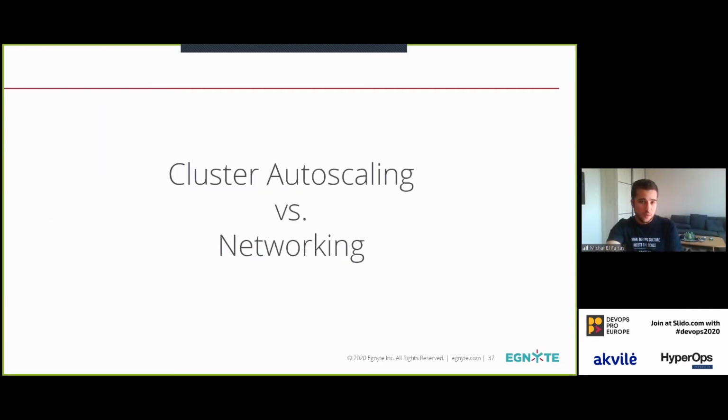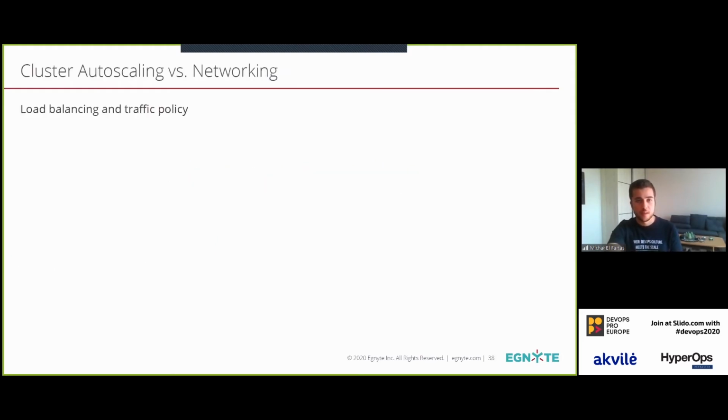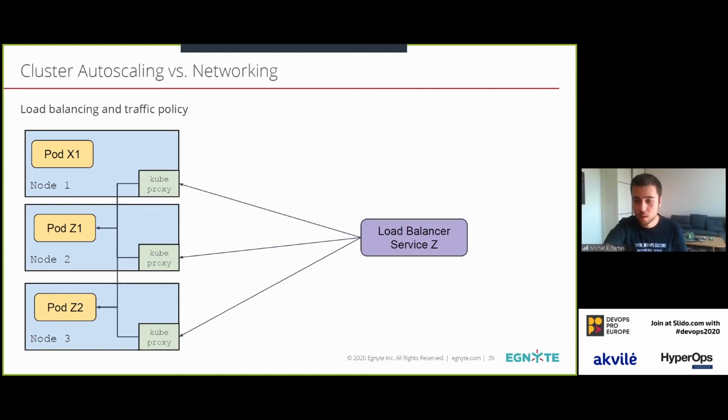And now let's move into the interesting interaction between cluster autoscaling and networking within a cluster. So we're going to focus here on deployments that are serving a service to a client, to a different application. So first, let's touch on load balancing and traffic policy. So, excuse me.